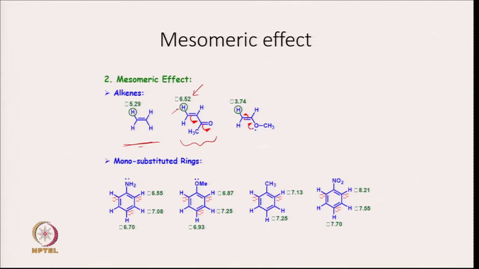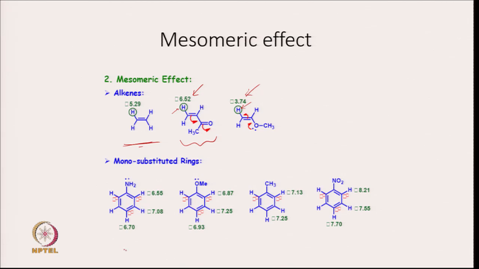In this case, when the double bond is attached to a lone pair, the plus M effect will operate, and this proton is going to have more electron density, and so this proton will resonate at a lower frequency. So, the chemical shift will be lower, 3.74.